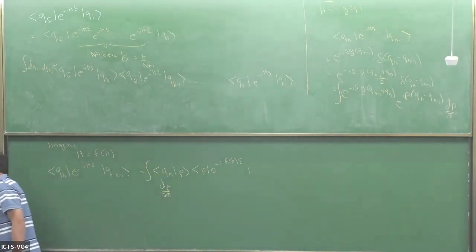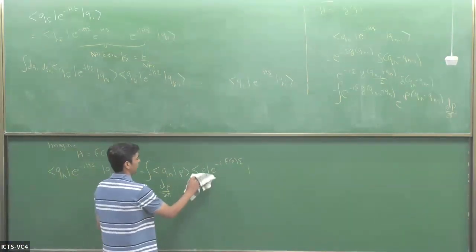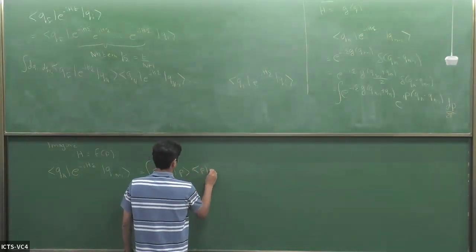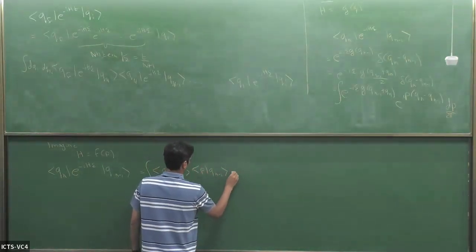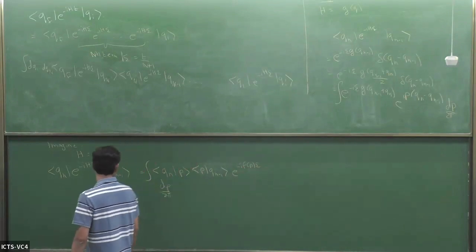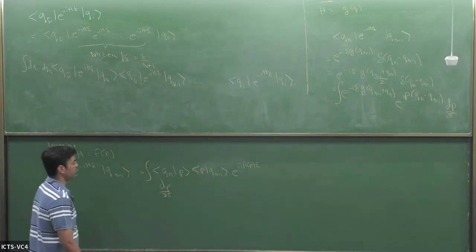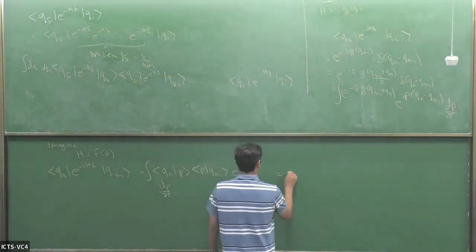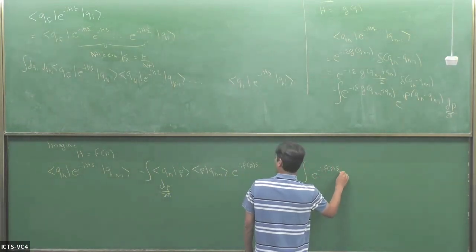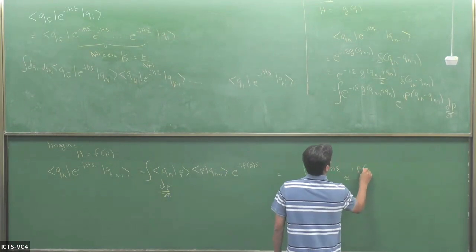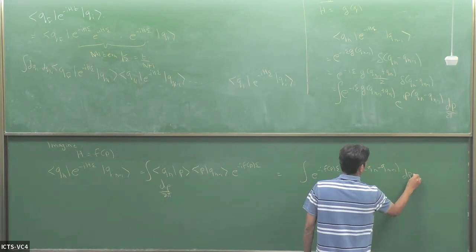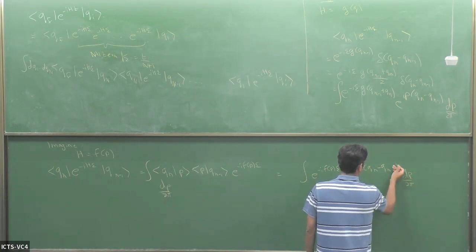In fact, there'll be a delta function, so I could have inserted a p prime, but I'll just get a delta function. So I could just write this as p times q_{n-1}. And this gives you something else, which looks like e to the minus i f of p epsilon e to the i p q_{n-1} dp over 2 pi.